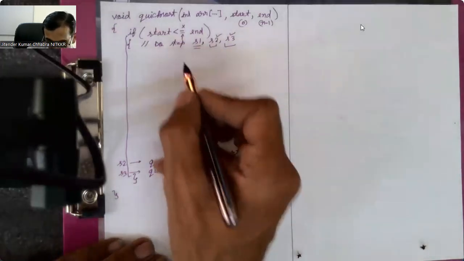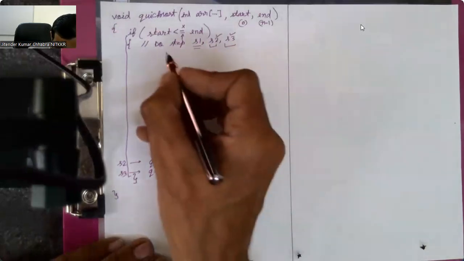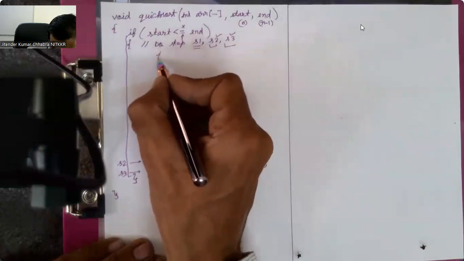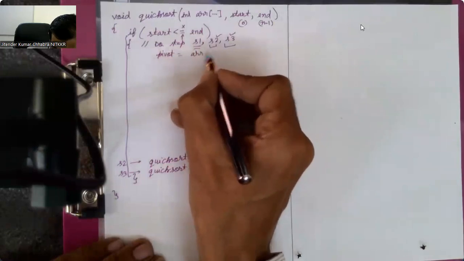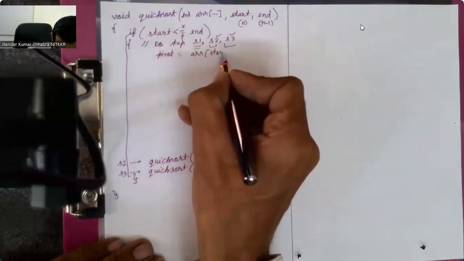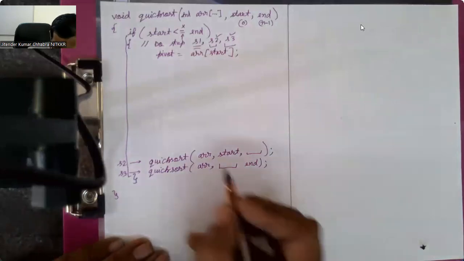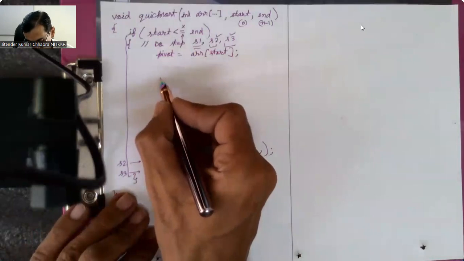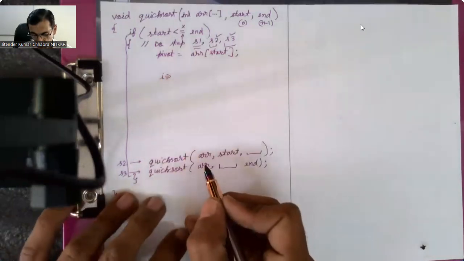Line 1 of step 1 said find or choose a pivot. So what is our criteria? In Hoare's quicksort, my pivot is defined. What is my pivot? Pivot is arr[start]. Now comes some important logic. What am I supposed to do? I have to use i for something. How do I have to use i?